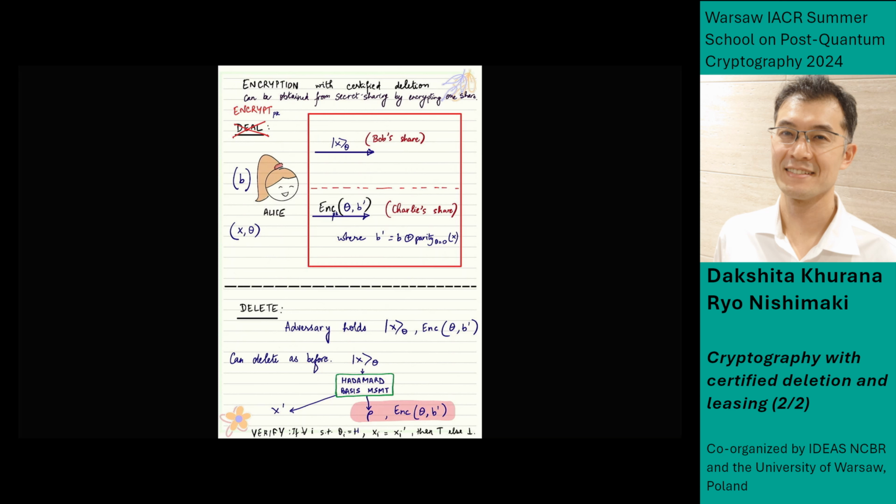So here, I didn't explain the verification key. The verification key consists of X and theta. If we have these two pieces of information, we can check whether the certificate is valid or not. We check that the certificate is equal to X for all i such that the basis choice theta_i is equal to 1, sorry, the Hadamard basis measurement.